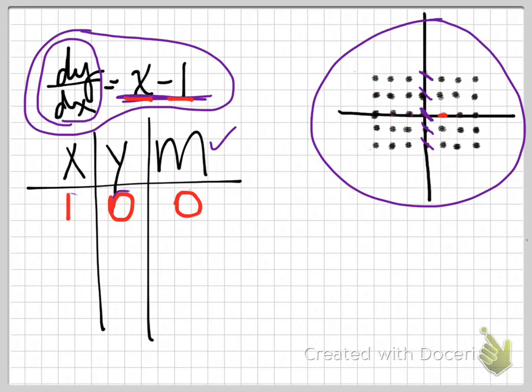If I did 1, 1, well, you can see the same thing's going to happen. The y actually never affects this slope. Only the x values do. So 1 minus 1 is still going to be 0. So anywhere that x is 1, my slope is going to be 0, which is a horizontal line, so I make horizontal lines.